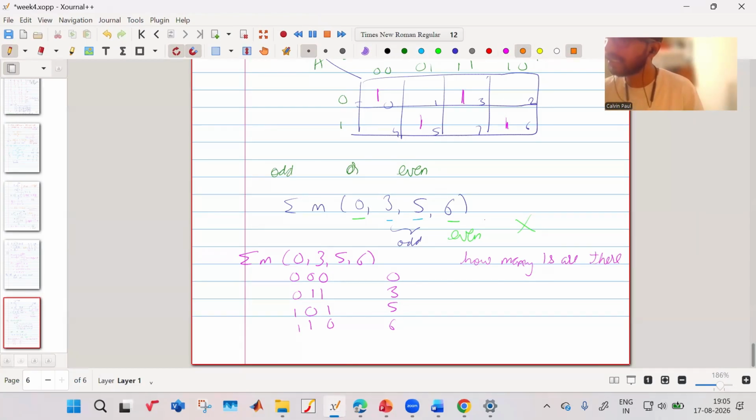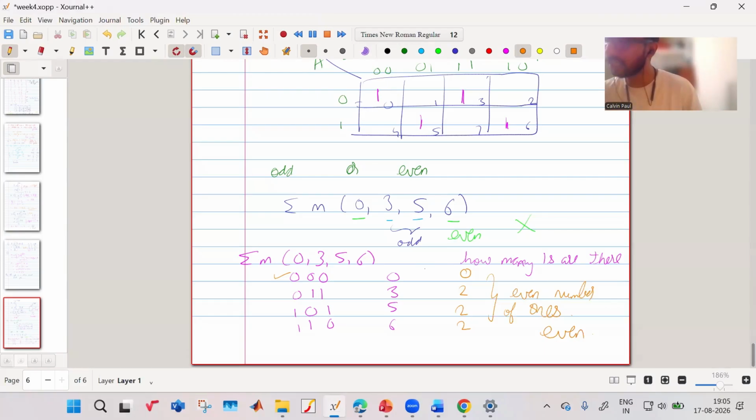In the first case, 0. In the next, it is 2, 2, 2. That's why there is an even number of ones, so this is an even function.